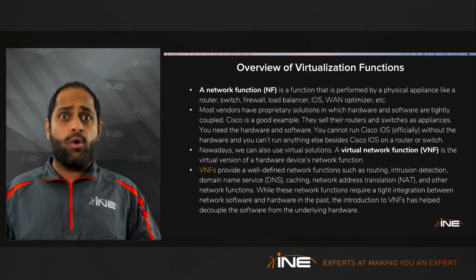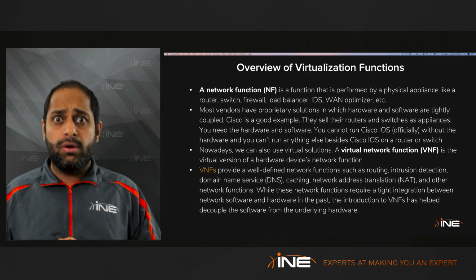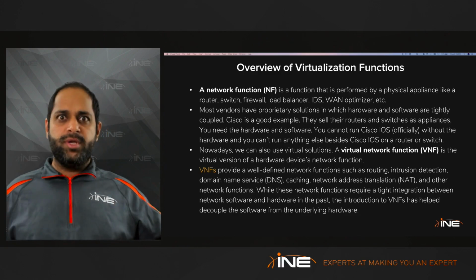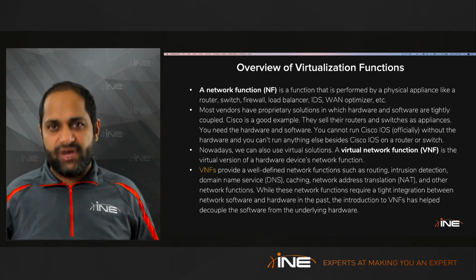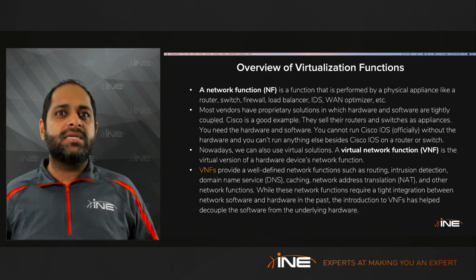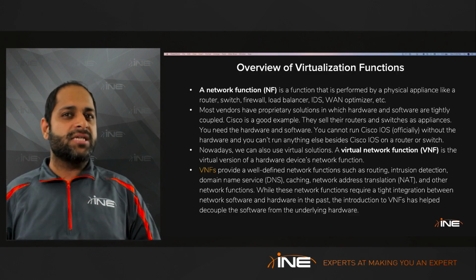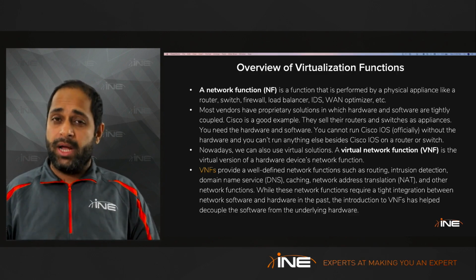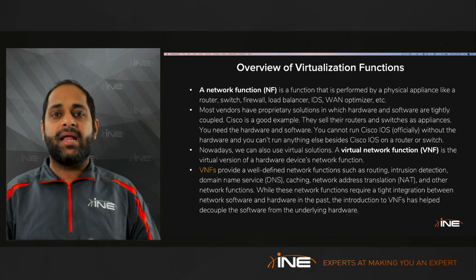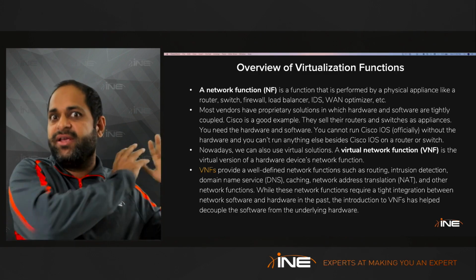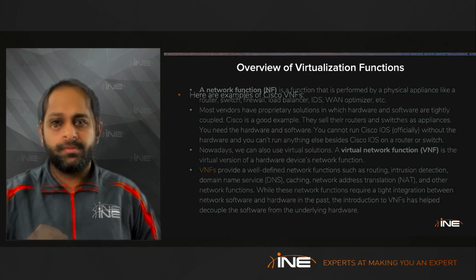I could deploy that on any hypervisor. So we take the hardware and the software, move them away from each other and still have the same functionality. VNF is basically a virtual solution of the same device which was earlier a hardware appliance, now deployed on a non-Cisco, non-vendor-specific platform.